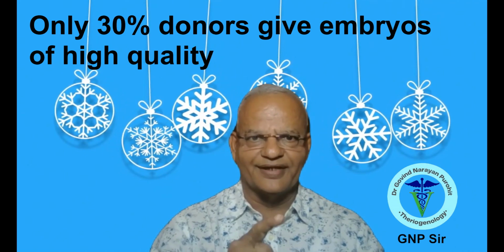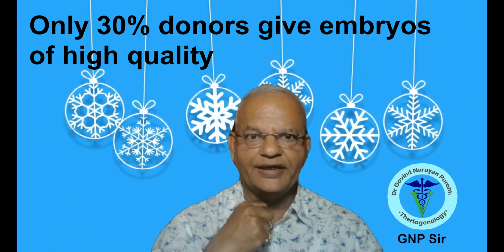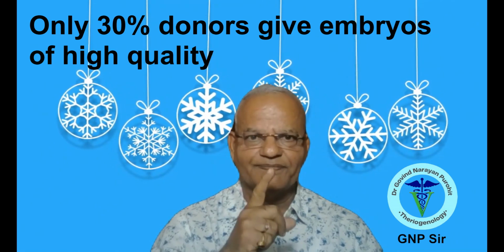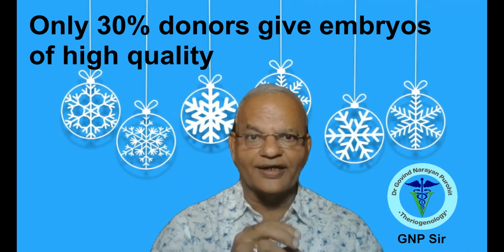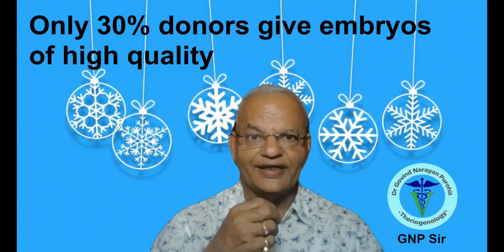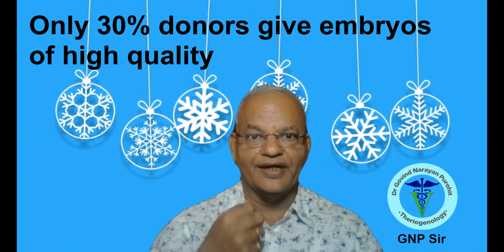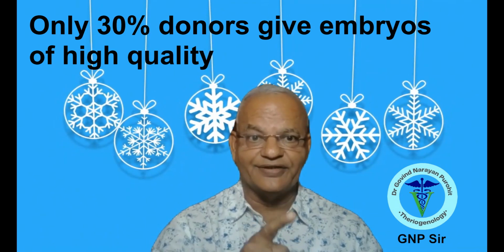So that has to be kept in mind, and it has been mentioned by many research reports that only 30% of the donors that are superovulated will yield high quality transferable grade embryos. The rest 70% will never yield transferable quality embryos. So you have to keep in mind these things as well.